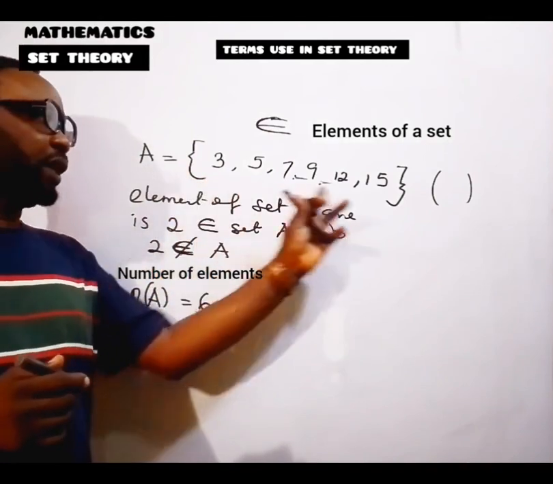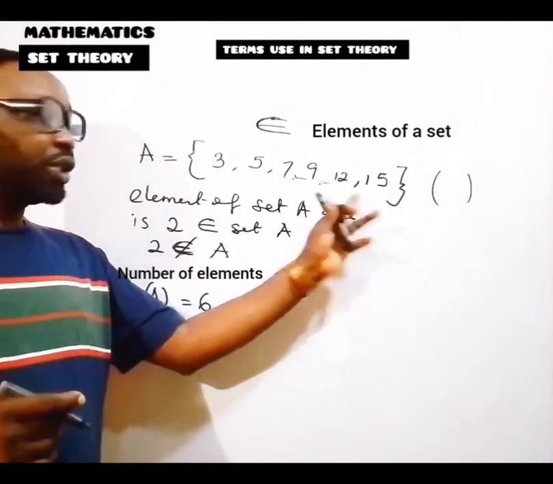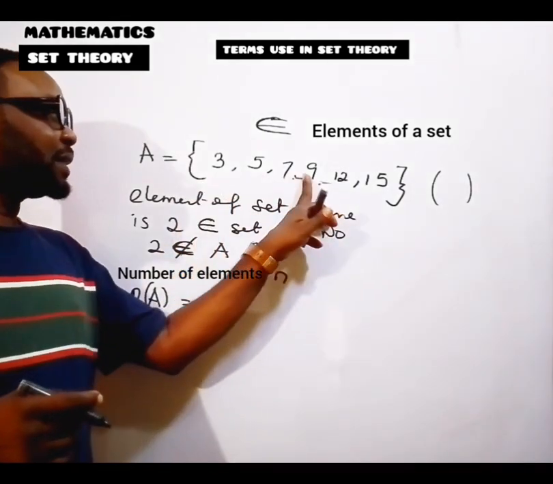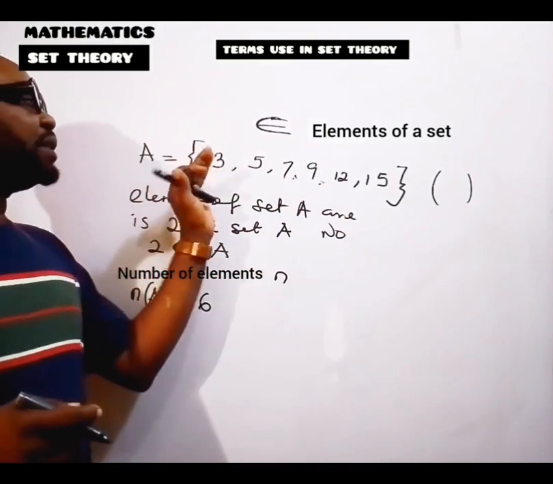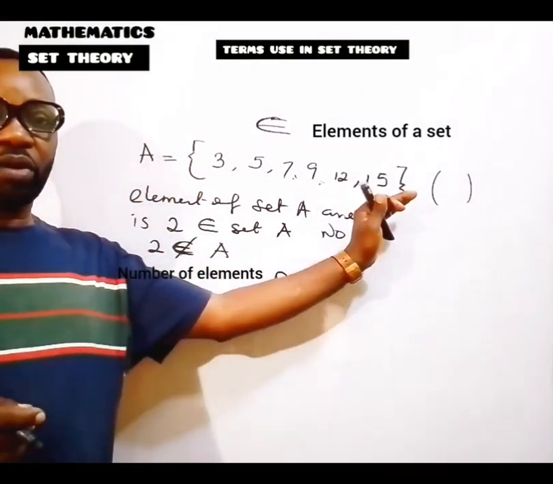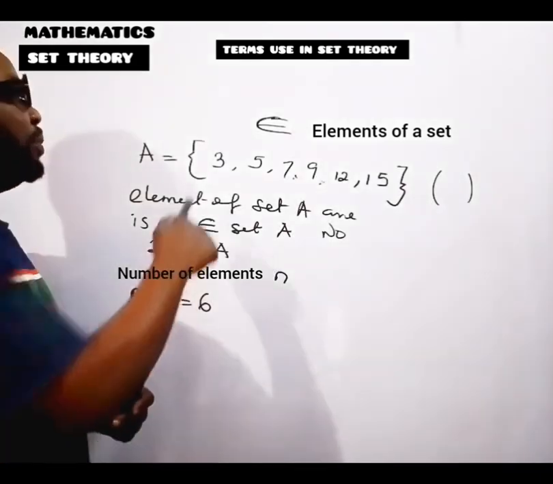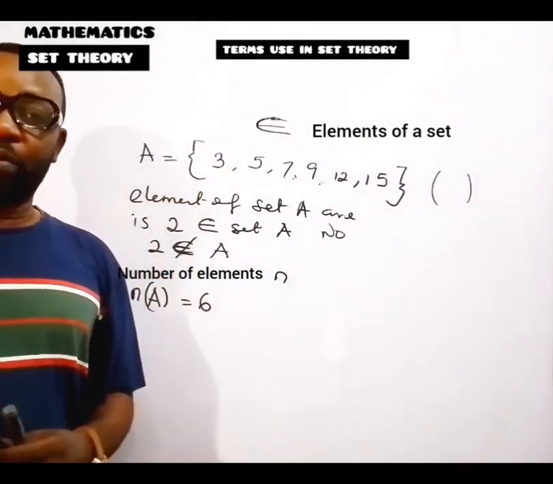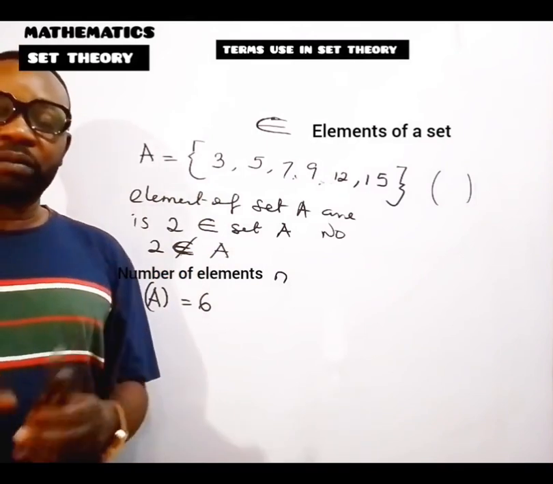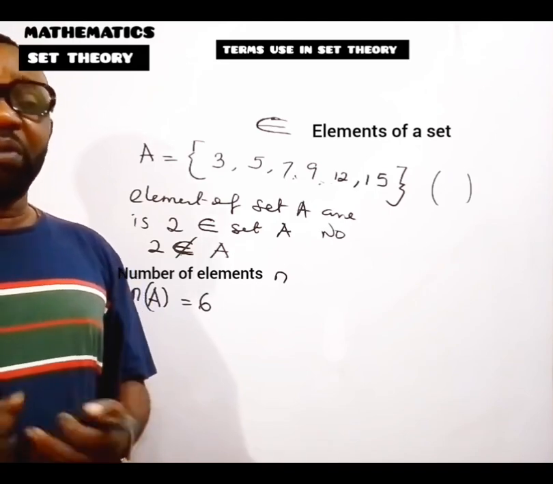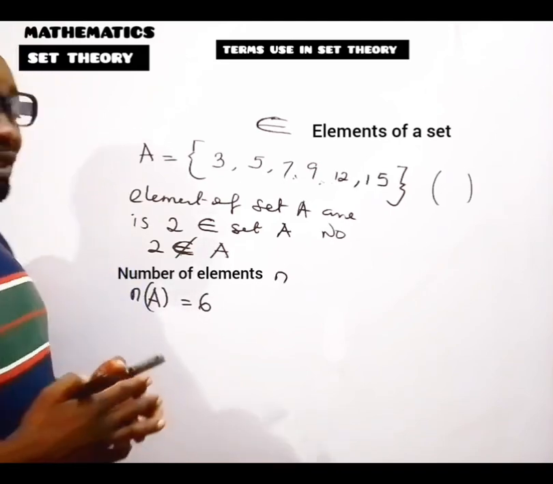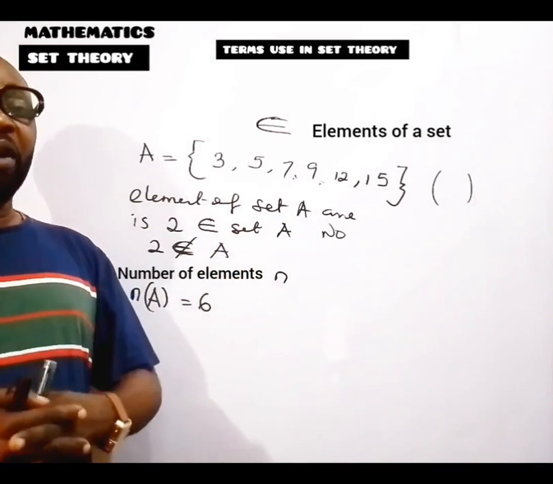You make use of this to distinguish your sets that are given to you. The set A is equal to all these elements like this. Then you make use of this symbol for you to be able to have your marks intact, or to express yourself properly, to show that you understand the topic properly.